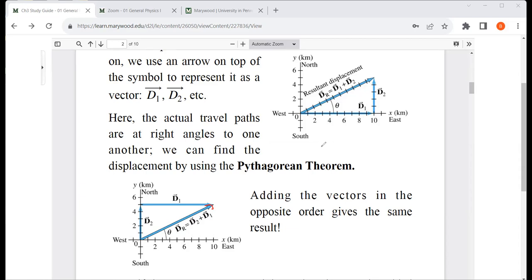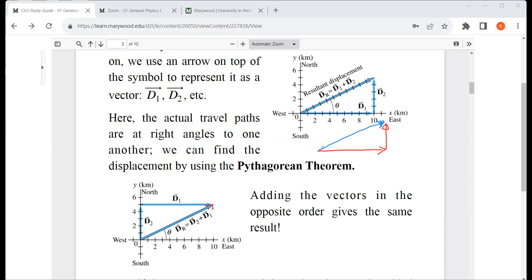When we want to know the resultant of these vectors, we first draw the first vector, and from the tip, I mean tip means the head of the first vector, we draw the second vector. And then from the tail of the first vector we draw another line to the tip of the last vector.